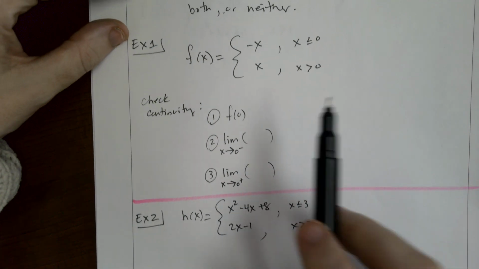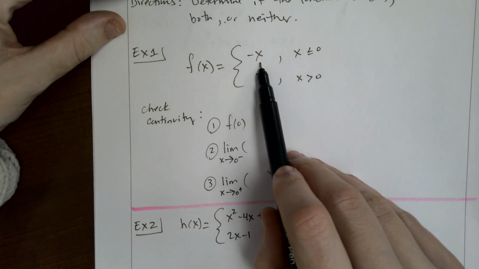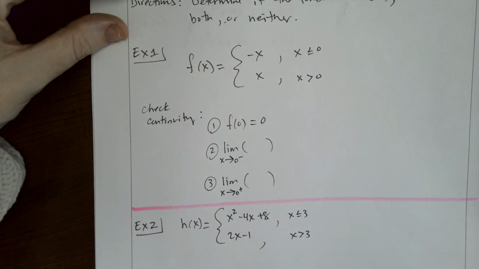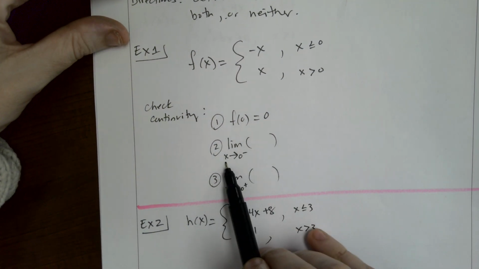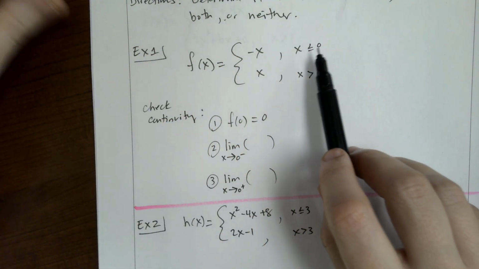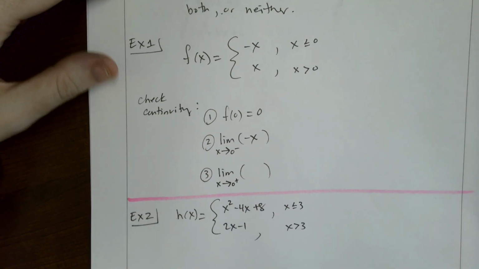Alrighty, so f of 0. So I plug 0 in here and I get 0. Okay, so f of 0 is 0. Then the limit as x approaches 0 from the left. Okay, so 0 from the left would be using this piece. So negative x is going in there.